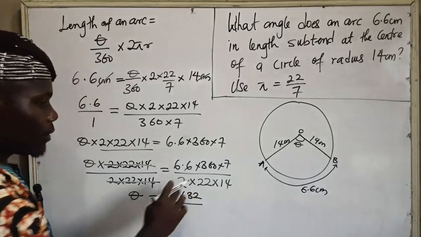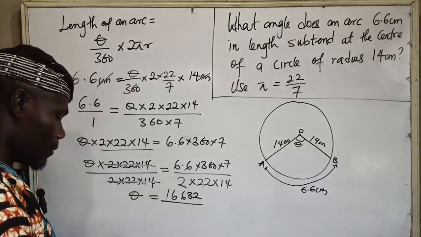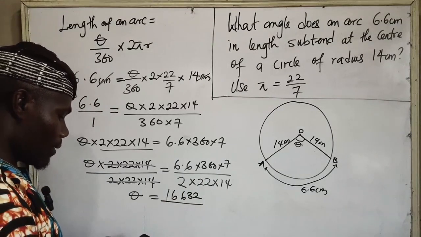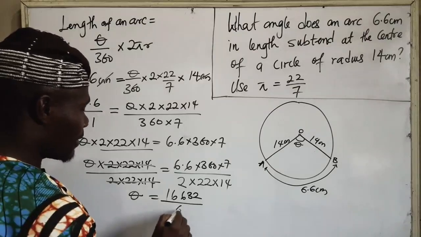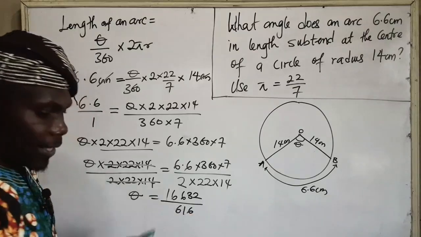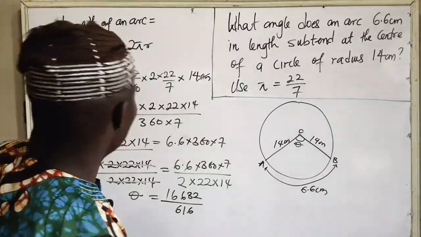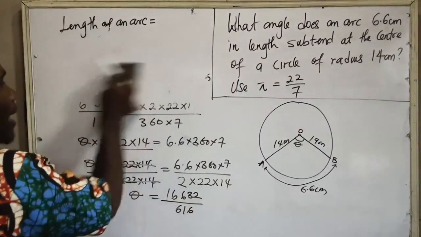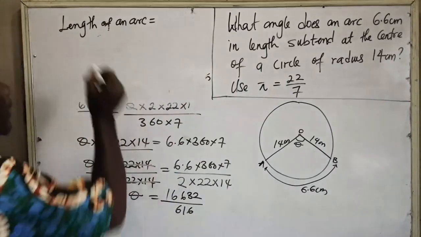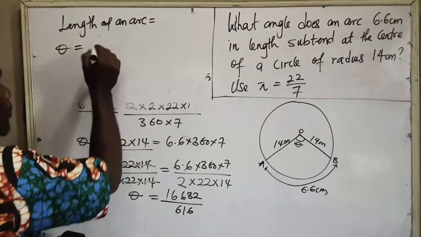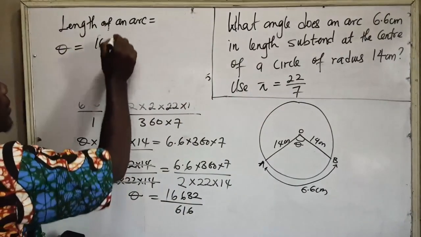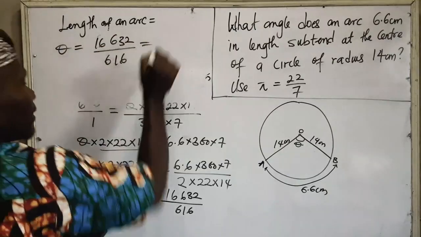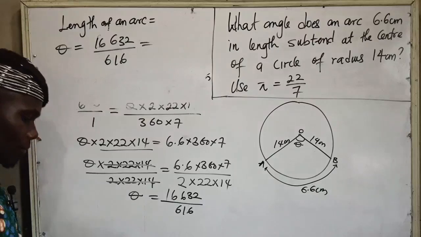Divided by 2 times 22 times 14, it gives us 616. So the value for the answer, theta, is equal to 16,632 divided by 616. Let's see what it gives us.